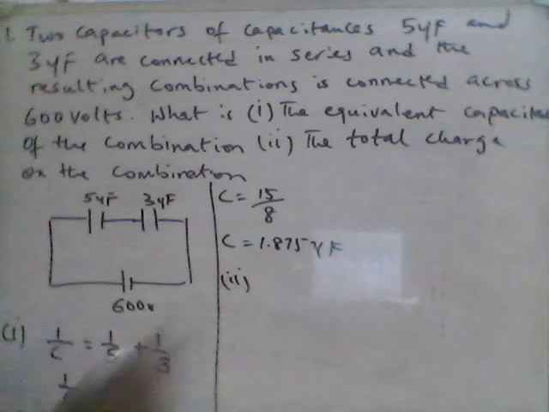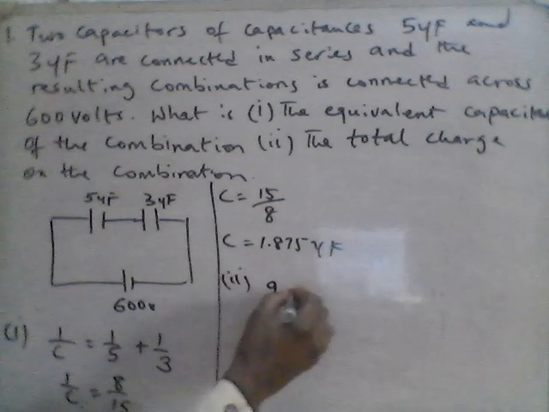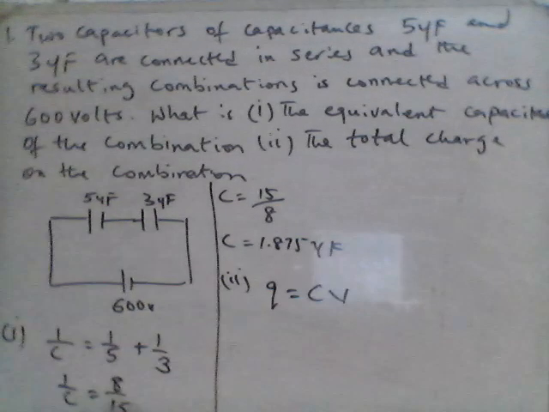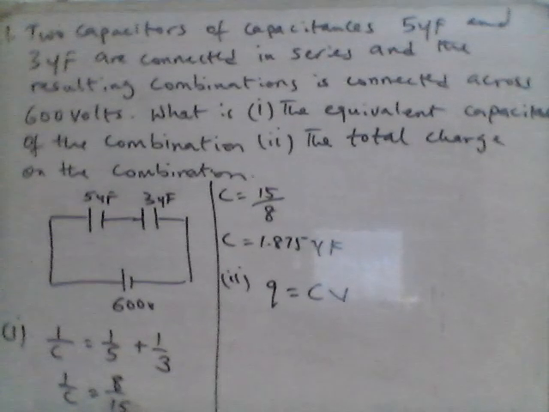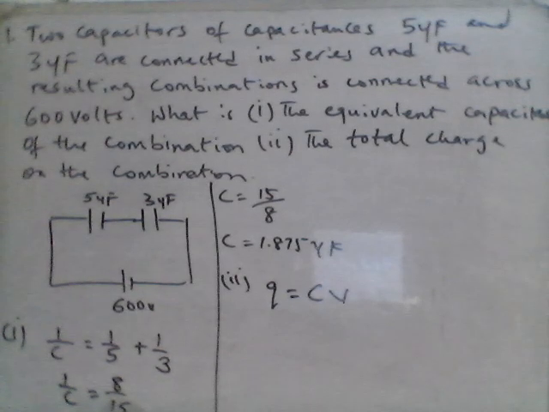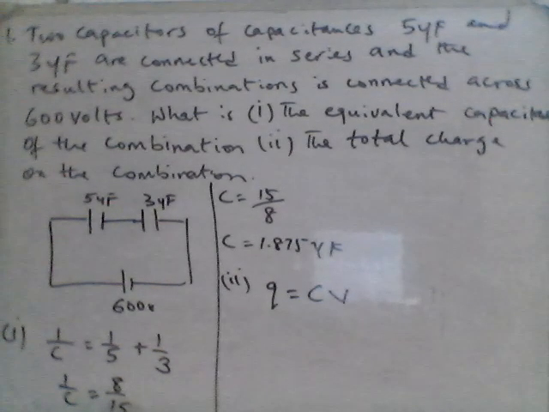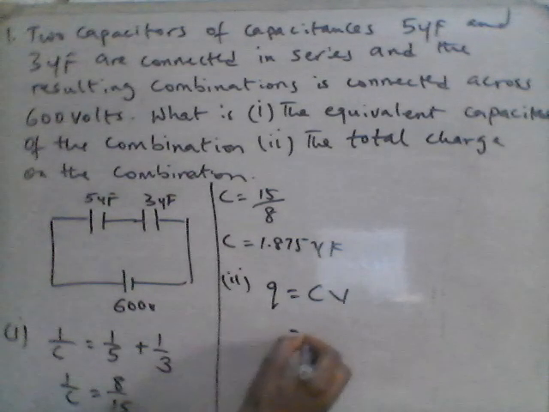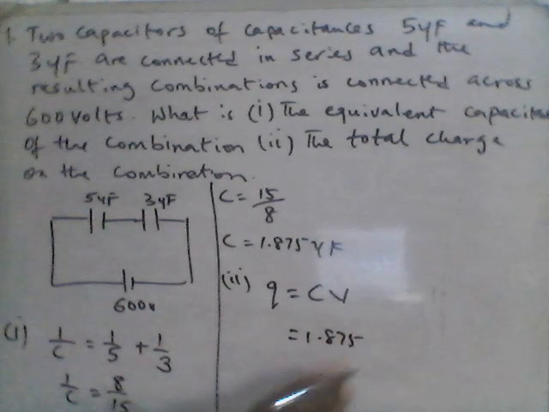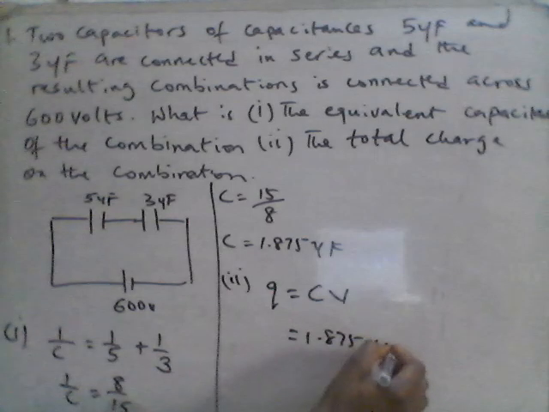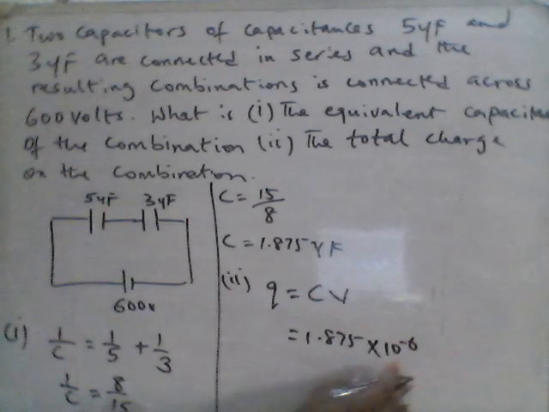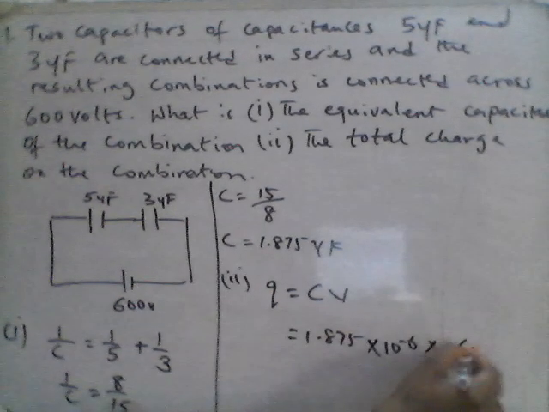Okay, so on total charge, Q is equal to CV, where C is the equivalent capacitance already given above as 1.875 microfarad, which is 10 to the power minus 6, times the voltage of 600.